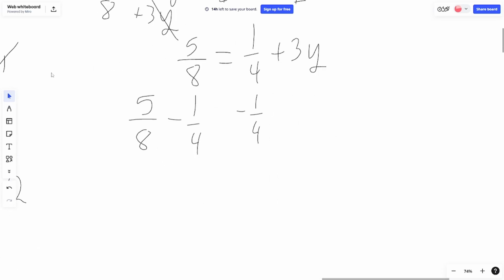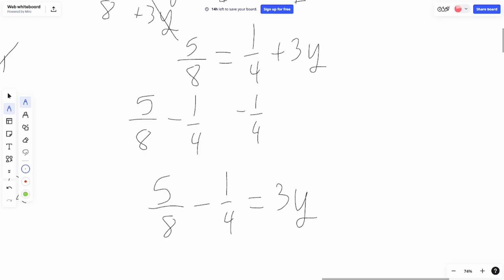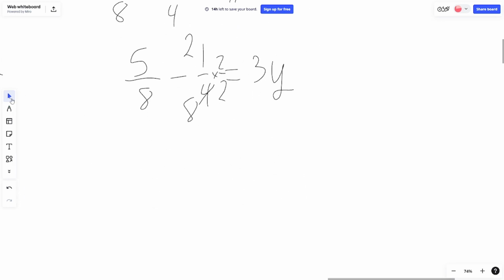And then we will get 5/8 minus 1/4 is equal to 3y. And we have to find the common denominator for our left hand side, so we'll multiply our 1/4 by 2/2. And that will give us, for our denominator, 8, and our numerator, 2. So what's 5 minus 2? Well, that is 3 as our numerator, and our denominator stays the same as 8, is equal to 3y.